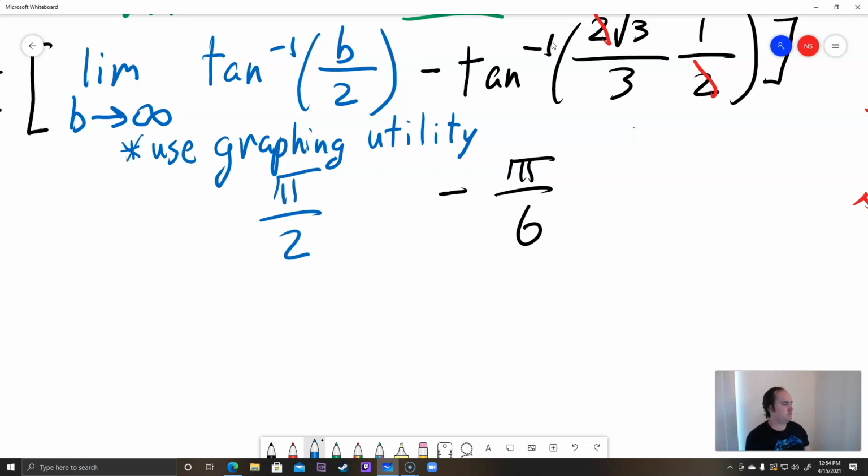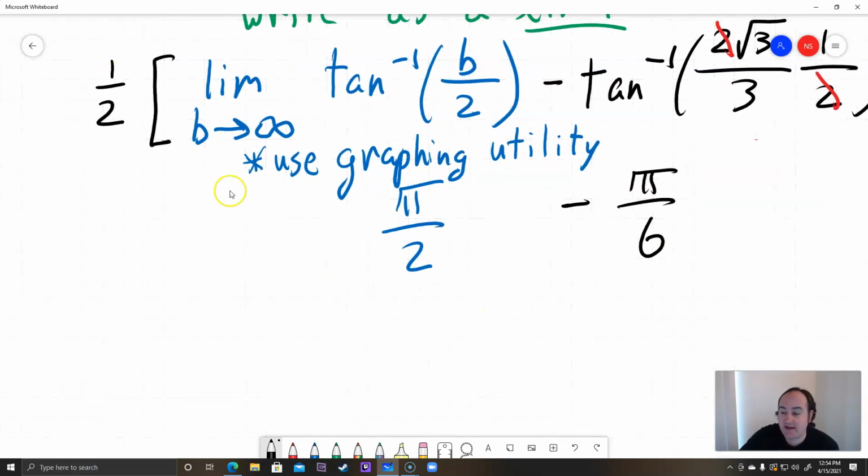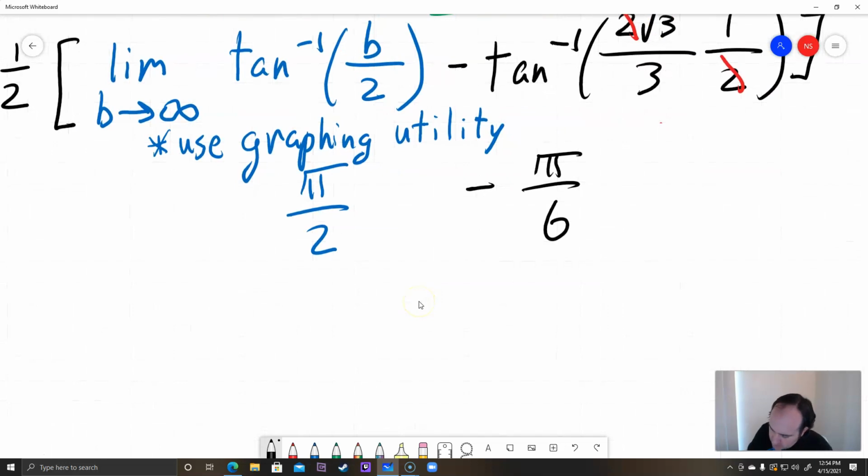Okay? So what we got there is we have a pi over 2 minus pi over 6, and then don't forget we still have a 1/2 out front. Okay, so we have 1/2 times pi over 2 minus pi over 6. Okay, and then of course we can build these to a common denominator.